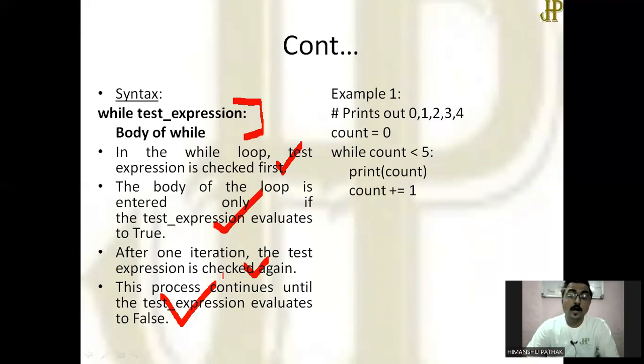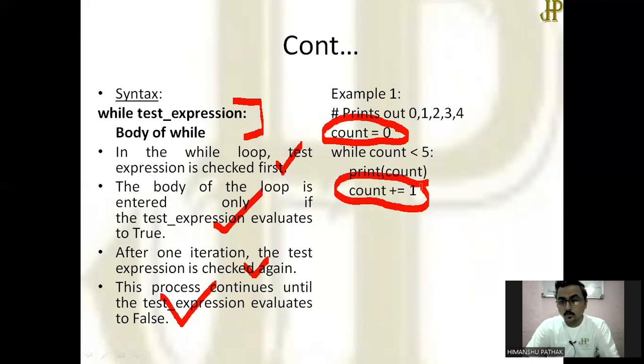So you have to supply the initial value just before the while loop, and in the body of the loop, there should be an increment or decrement operator so that this condition will be false at some point. Otherwise, this loop will go on infinitely.